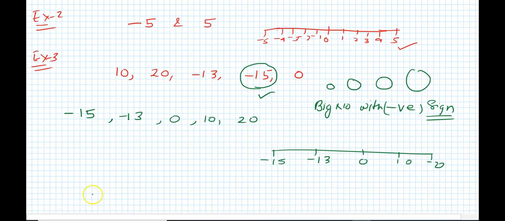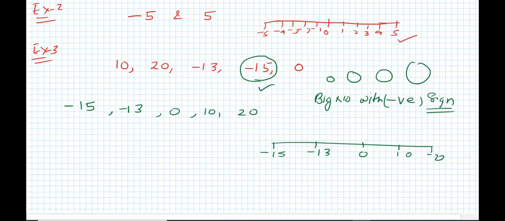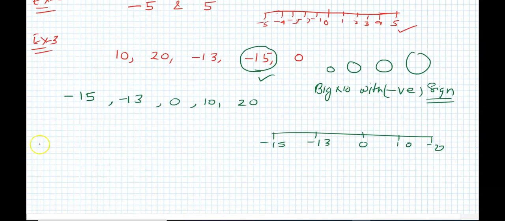Now, the last question I'm going to explain. Example 4. Here we have minus 13, minus 20, minus 15 and 0.